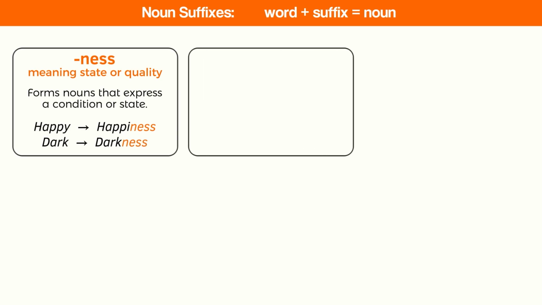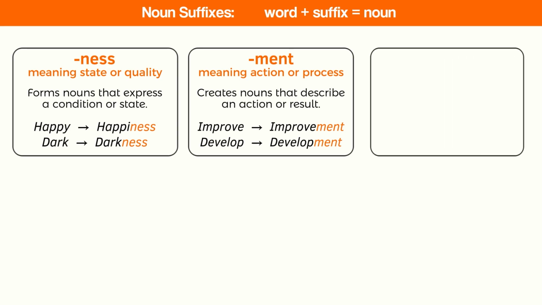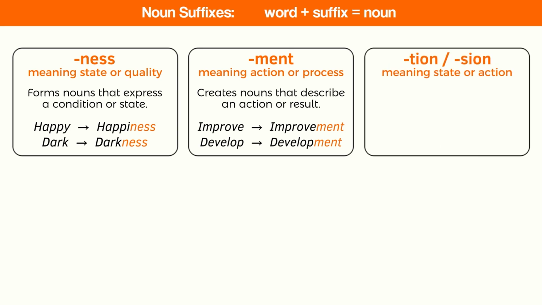The suffix ment means action or process. Creates nouns that describe an action or result. Examples: improve, improvement, develop, development. The suffix tion or sion means state or action.